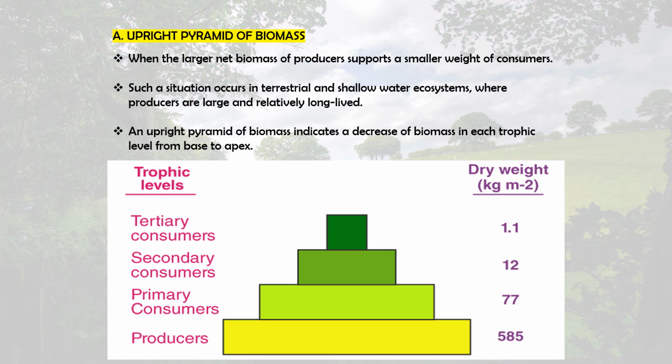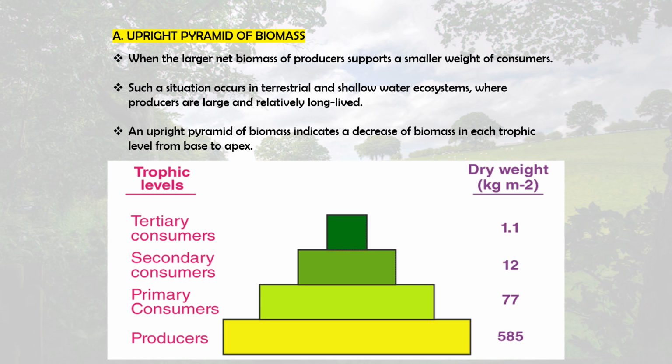Here there is a larger biomass of producers in comparison to the smaller weight of the consumers. Here in the diagram, we can see that the measurement of dry weight of producers is so much more than the primary consumers, secondary consumers, or tertiary consumers.